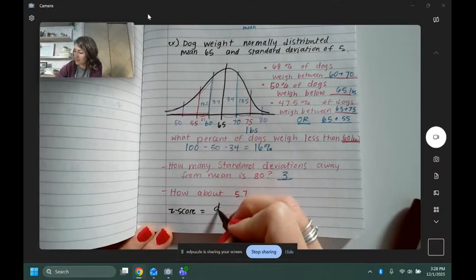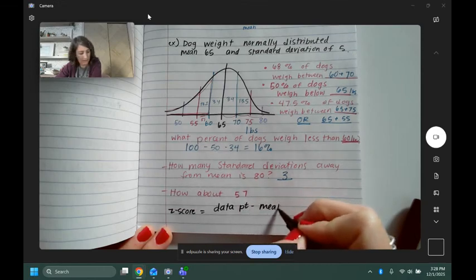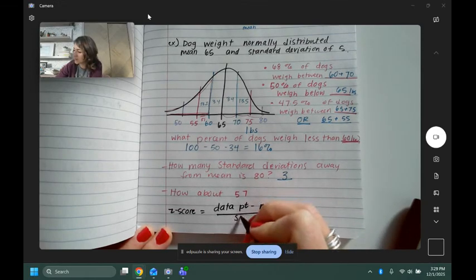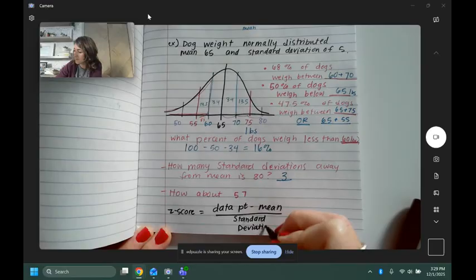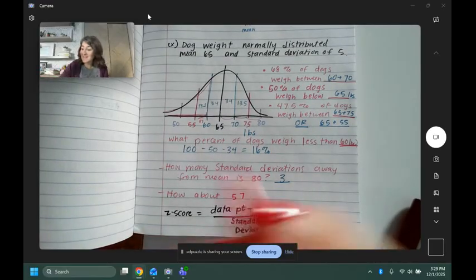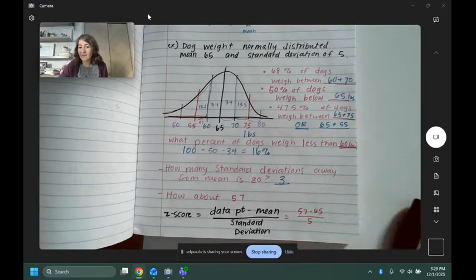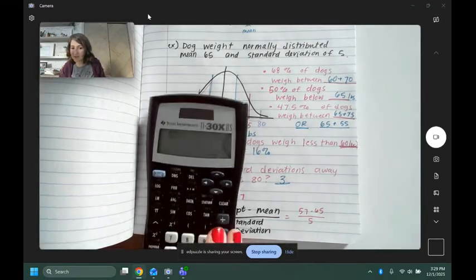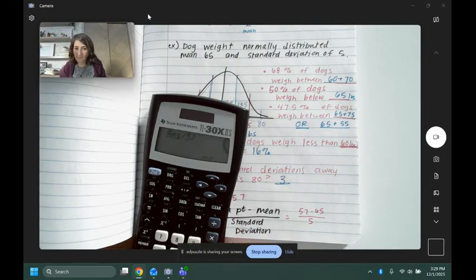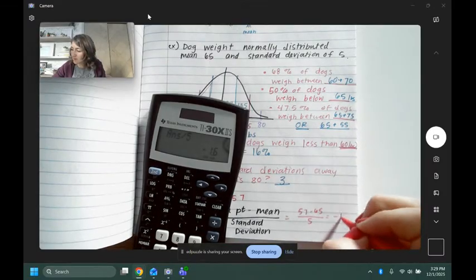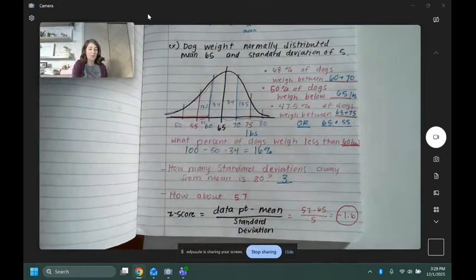You calculate it like this: whatever your data point is, minus the mean, divided by your standard deviation. So in this case, 57 minus 65 over 5. Let's do it. 57 minus 65 divided by 5. Negative 1.6 standard deviations away from the mean.